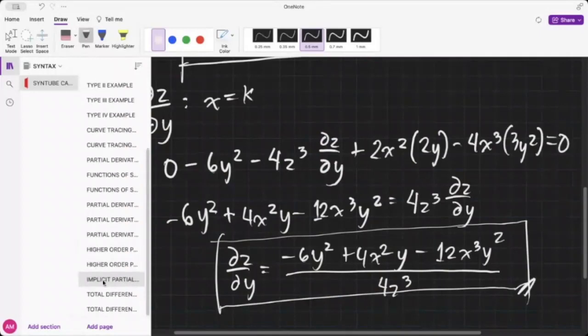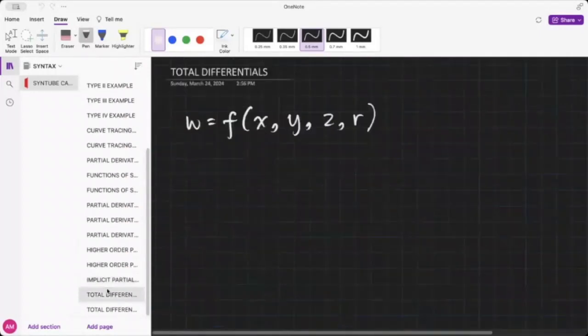So finally, last na, we have total differentials.